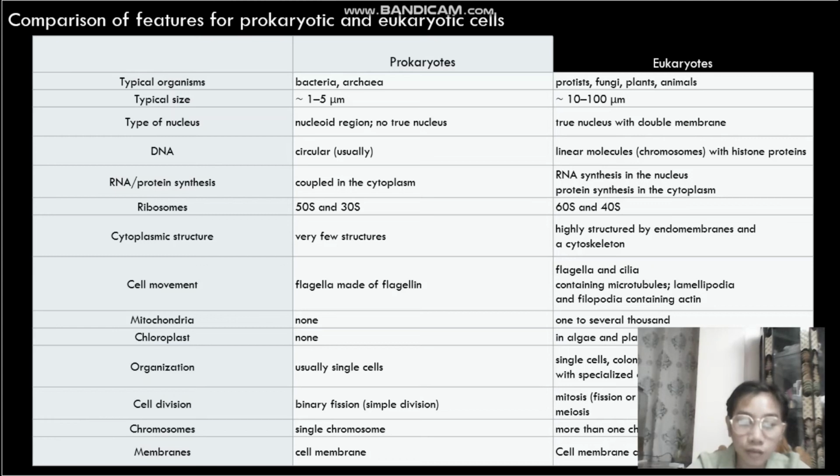For the chromosomes, prokaryotes have a single chromosome, while the eukaryotes have more than one chromosome. Lastly, for the membranes, prokaryotes have a cell membrane, but eukaryotes have the cell membrane and in addition membrane-bound organelles. And that's the difference between prokaryotic and eukaryotic cells.